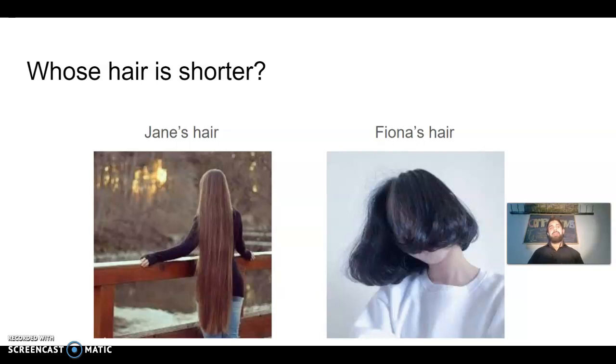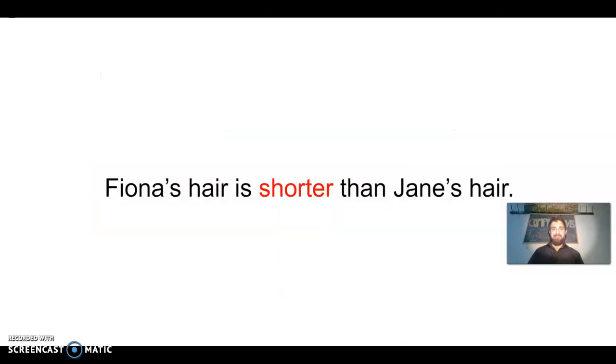This time, whose hair is shorter? This time, I want you to say the sentence by yourself. Whose hair is shorter? I want you to say it or write it down. Pause the video now. Excellent. Let's take a look at the answer.